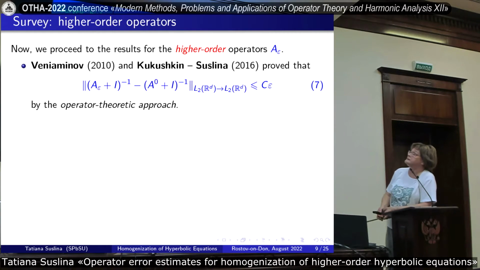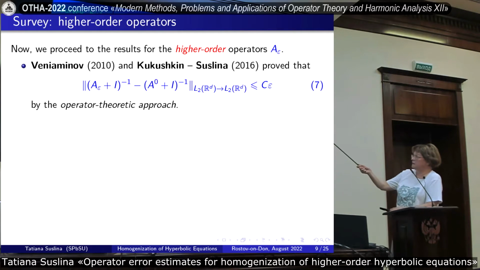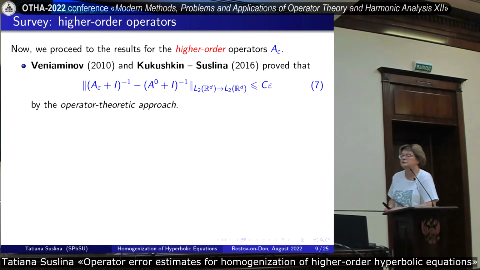Now we proceed to the results for the higher order operators. The operator theoretic approach was applied to the higher order operators in the works by Nikolai Veniaminov and in our joint paper with Andrei Kukushkin. It's another Kukushkin, my former student, Andrei Kukushkin.